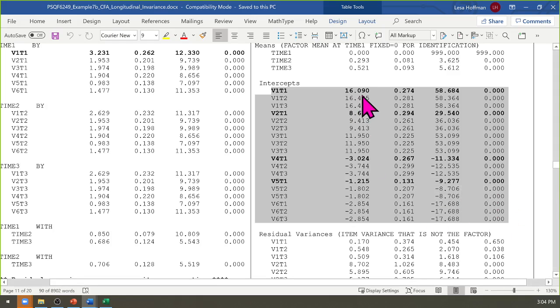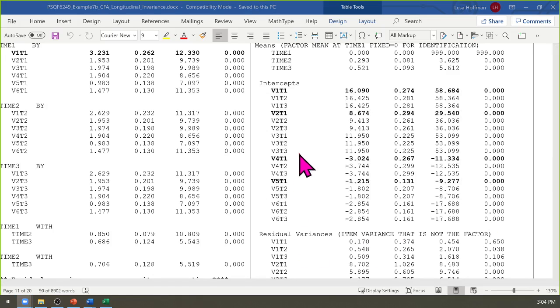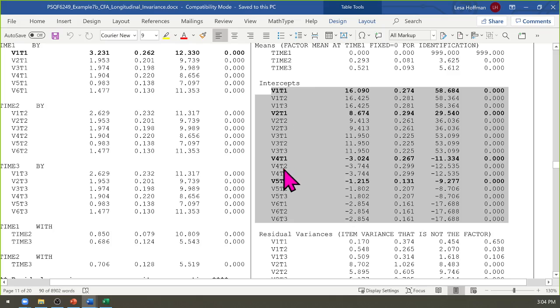At time 1, it looks like for items 1, 2, 4, and 5, they have a lower score for 3 of the items and a higher score for 1 of the items than would be expected. So in terms of holding this thing together, like linking items in common, time 1 is attached to time 2 and 3 only by items 3 and 6 at this point.